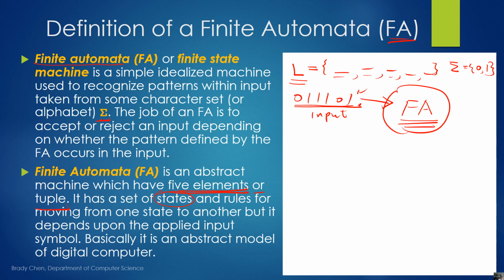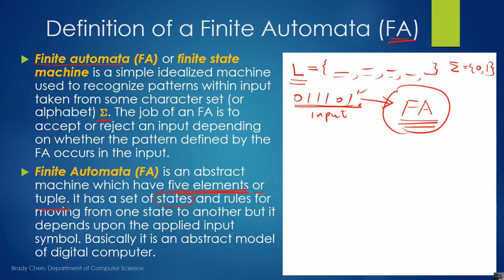Depending on the applied input symbol, based on these states and the rules, the finite automata eventually says we accept this input or we reject the input.